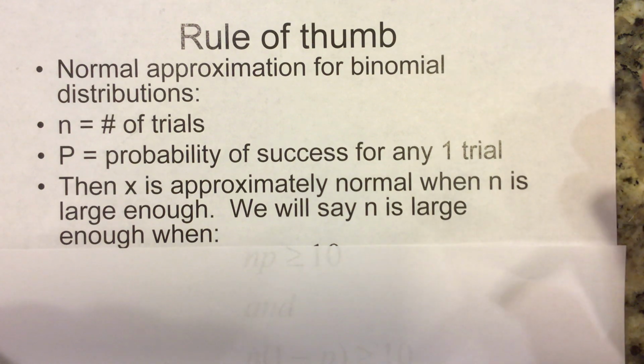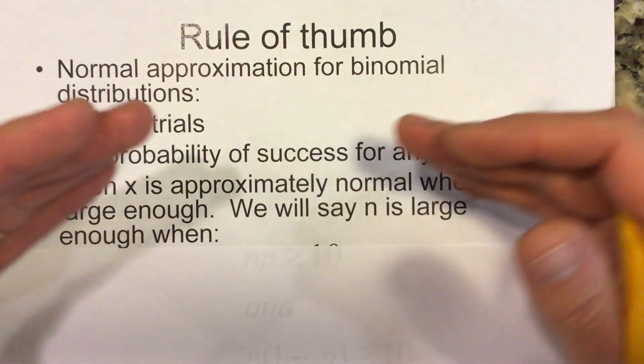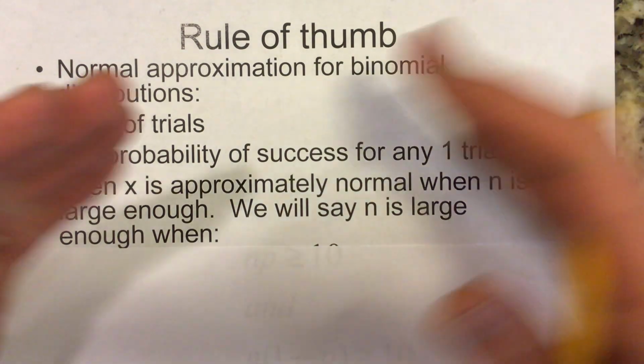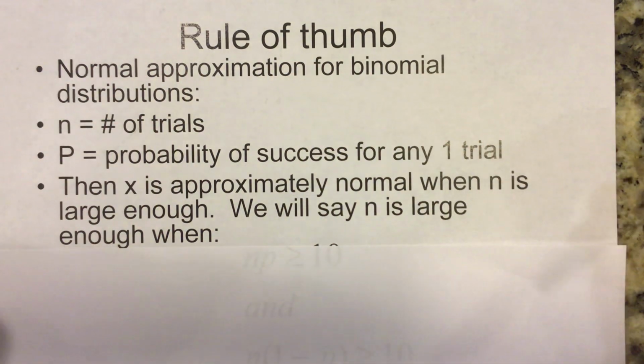If I have more questions, like 100 questions, it's very rare for Fred to miss all 100. Just as it would be very rare for Fred to get all 100 right, okay? A binomial distribution creates something that looks very normal, and you have a peak right above the mean. And then the sides will both go down away from that. So as N becomes larger and larger, the binomial distribution becomes more and more normal. As N approaches infinity, it becomes perfectly normal.